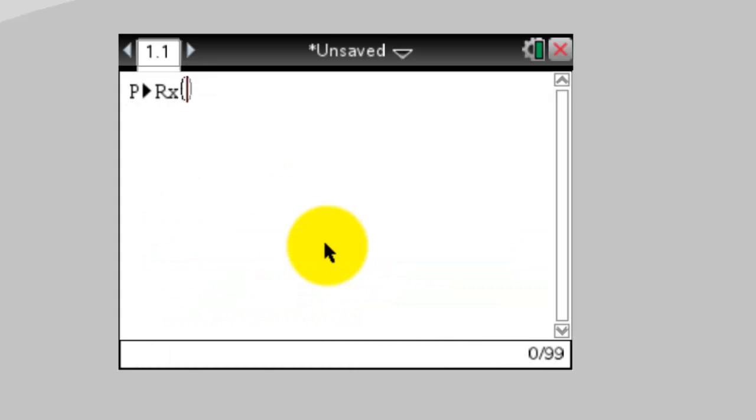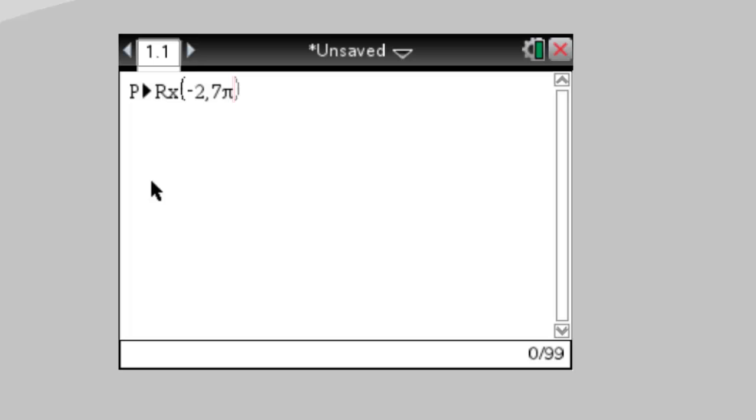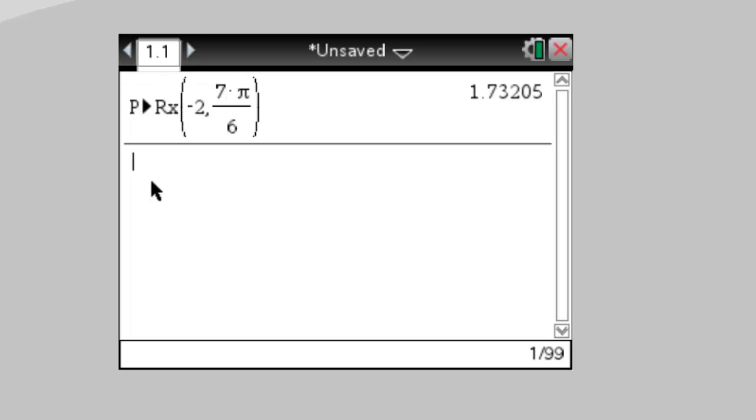Okay, and I need to put in, so we're converting polar to rectangular. My polar radius was negative 2. I'm going to put a comma, and then my theta was 7 pi divided by 6. And when I push enter, it gives me 1.73205, and we got root 3 as our answer, and if you calculate root 3, it is also equal to 1.73205.